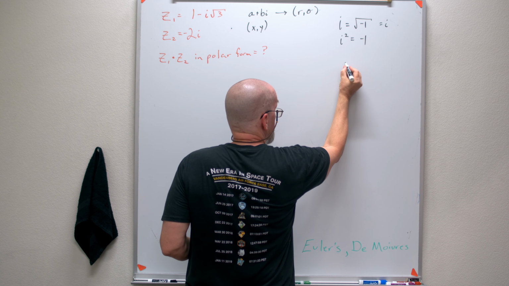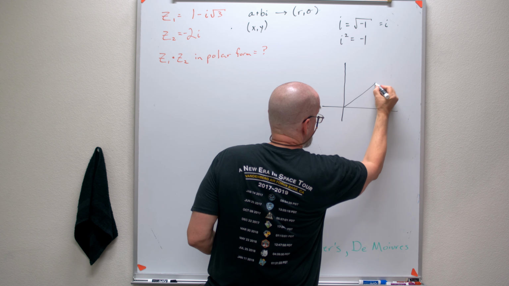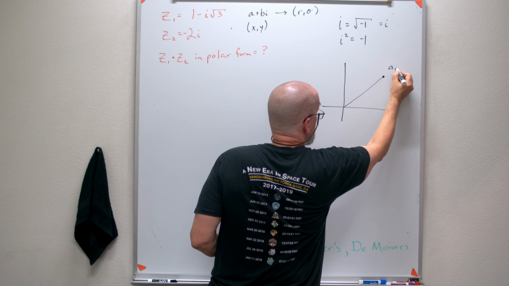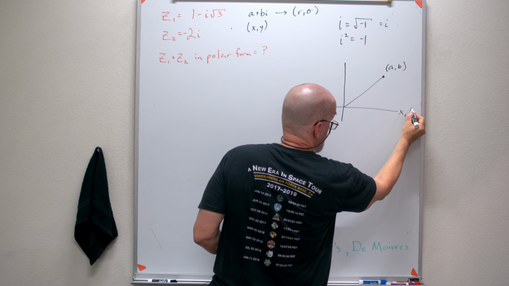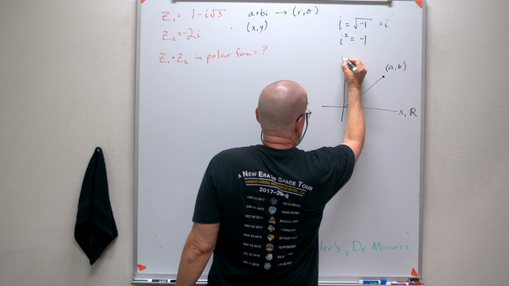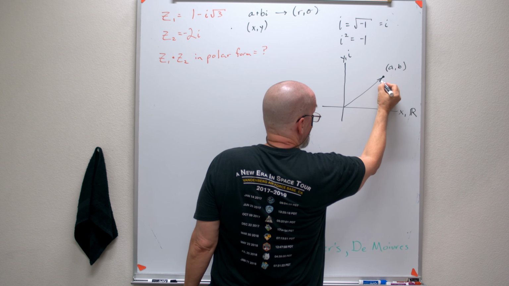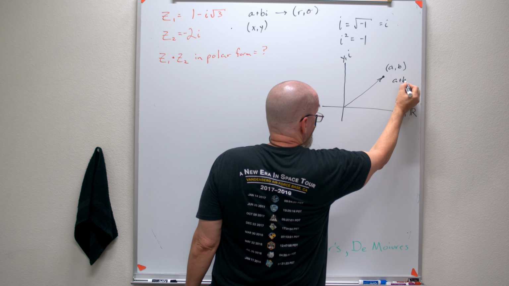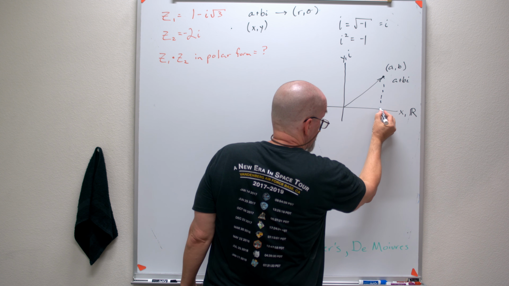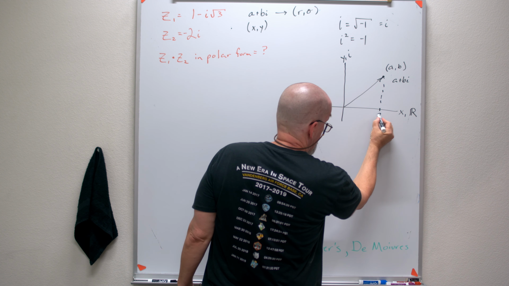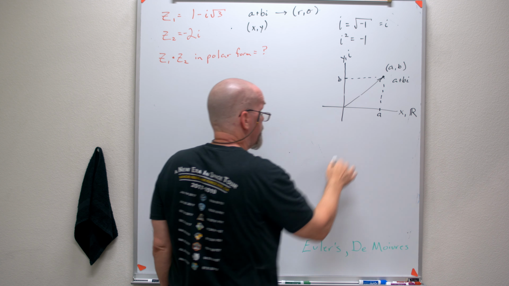These, by the way, for those that maybe don't remember, if we plotted the point AB, and on the x-axis we put our real coefficients, the A, and on the y-axis we put our imaginary coefficients, the B. This vector right here would represent A plus BI in Cartesian form, because if I follow my SOHCAHTOA from trigonometry, this length here is A, so that'd be an x value of A. That length would be the B, so it would put us at A plus BI that way here.